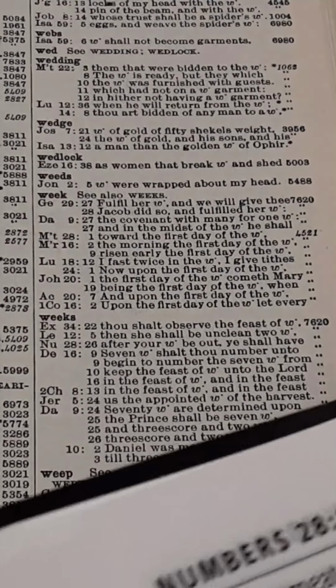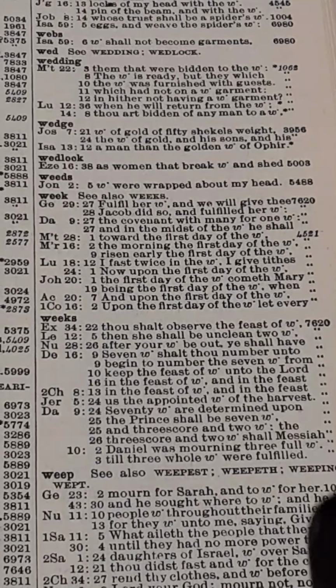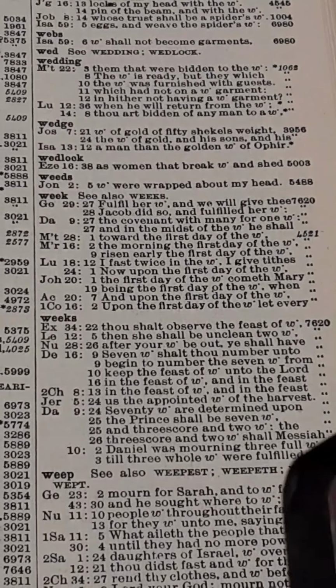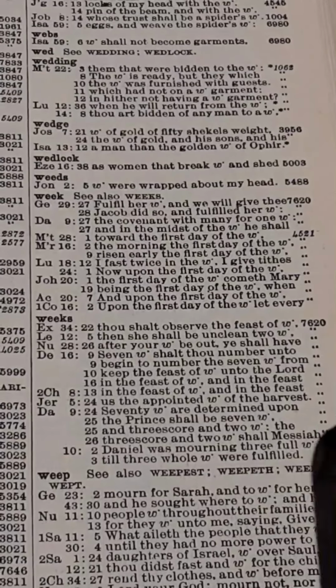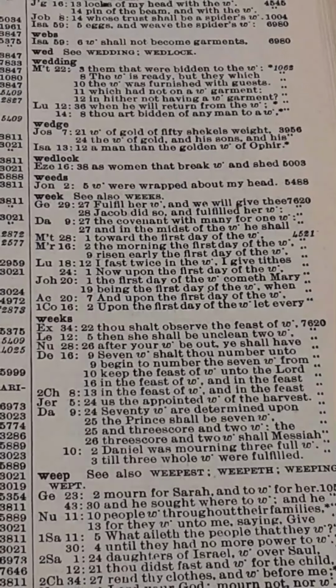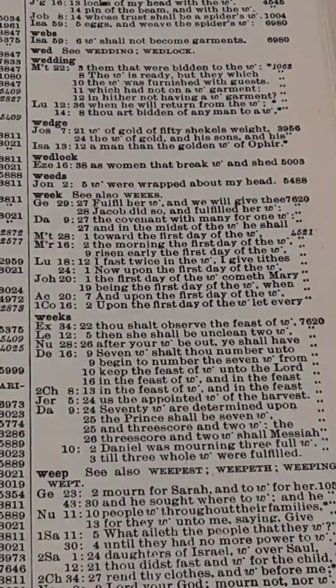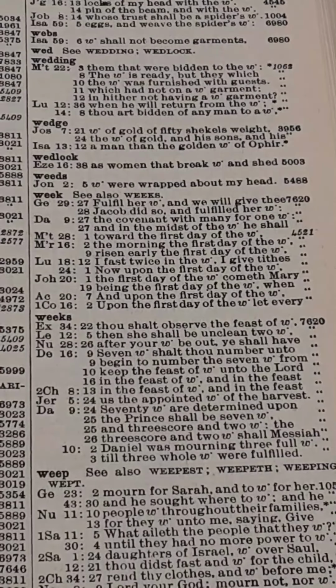Okay, so this isn't talking about 7 years. This is talking about 7 days. You read up in the passage, and it doesn't make sense for it to be 7 years, because that would be a contradiction with the sacrifices and the offerings and the things like that.